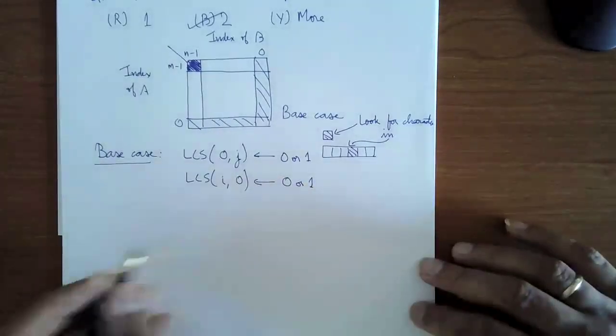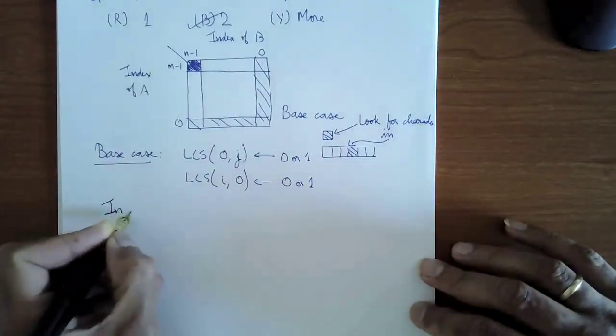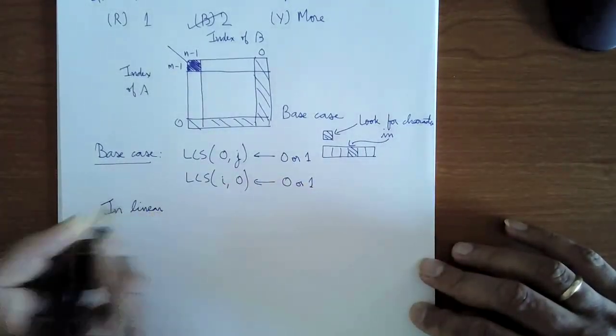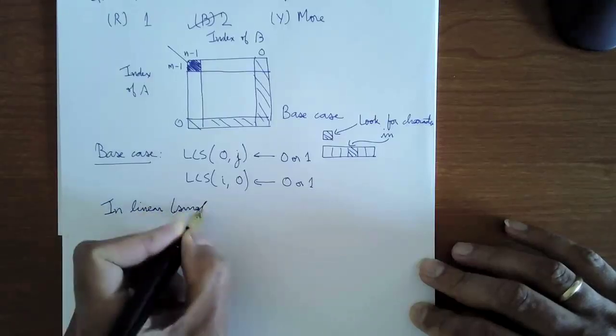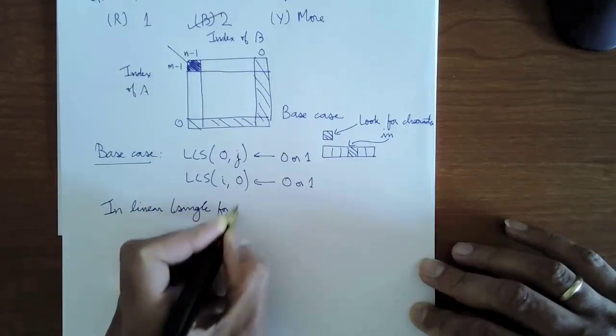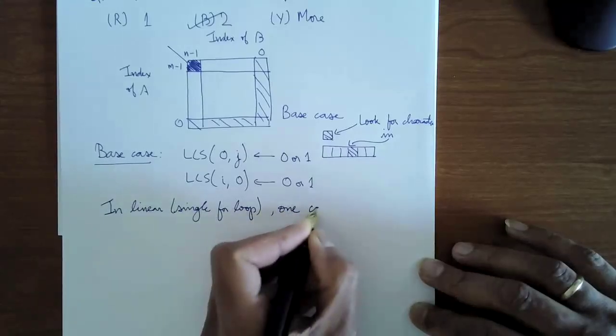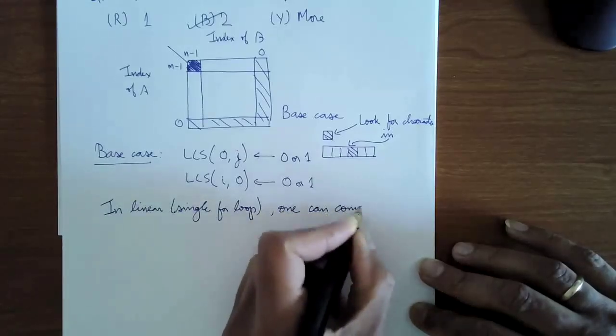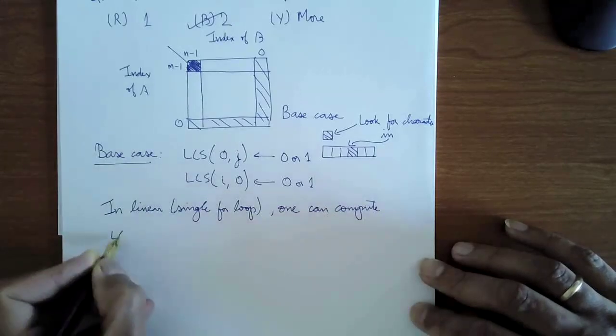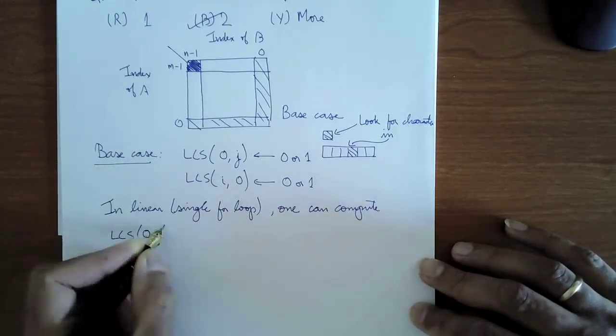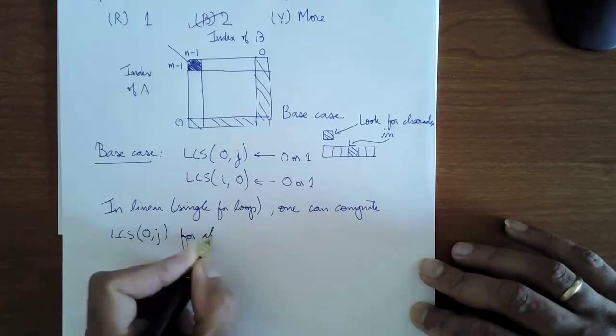If you think about it a little carefully, in linear time, which is a single for loop, one can compute LCS of 0, j for all j.